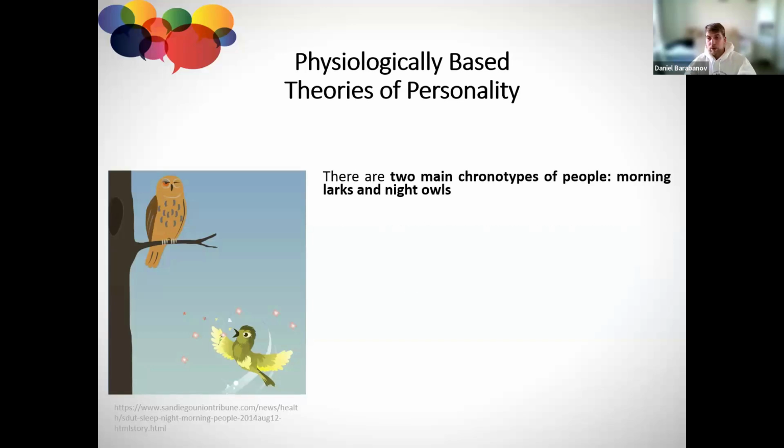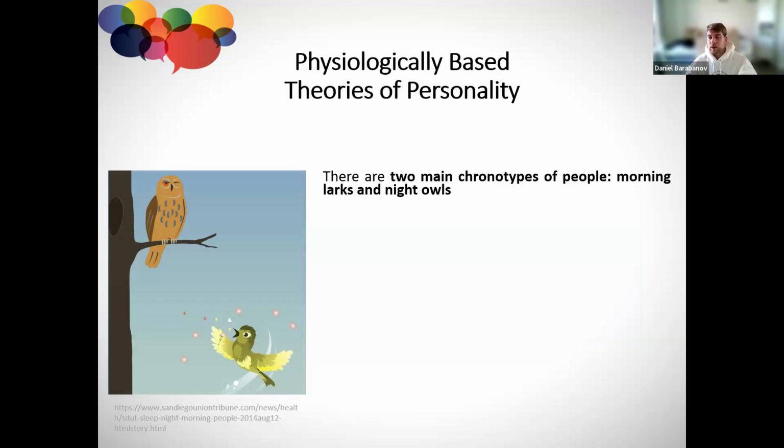So, a quick reminder: morning larks get up earlier and feel more energetic in the first half of the day, but they get tired very fast in the evenings, and that's why they go to sleep quite early, because they're exhausted at the end of the day.